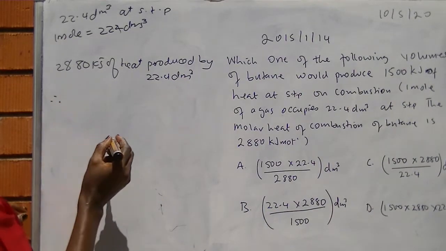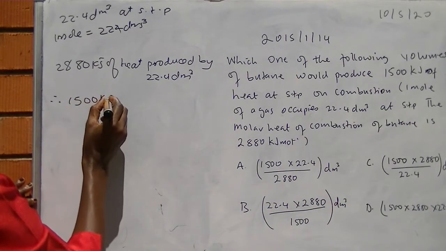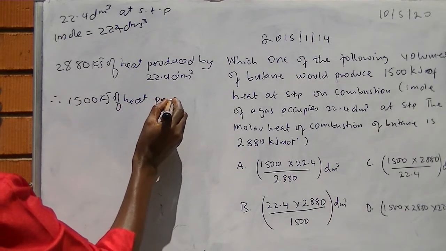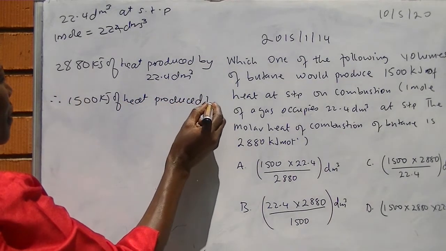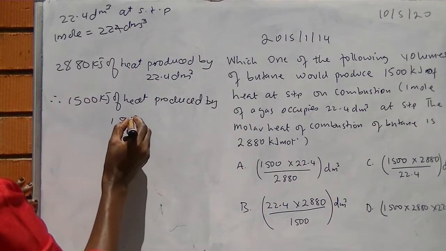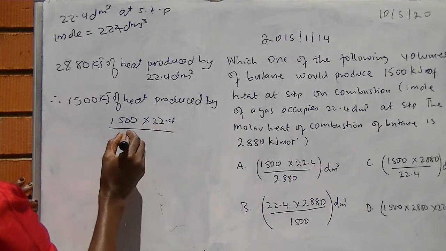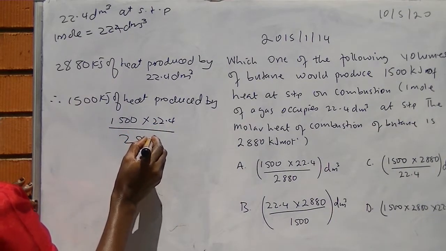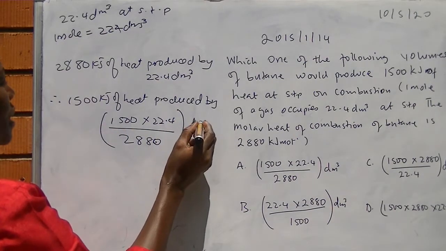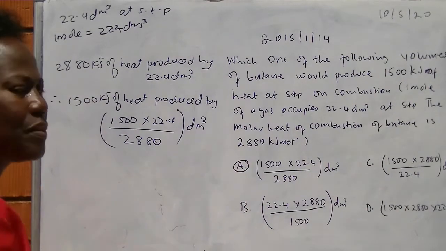What about 1,500 kilojoules of heat? We cross multiply: 1,500 times 22.4 cubic decimeters over 2,880 cubic decimeters. And our answer is A.